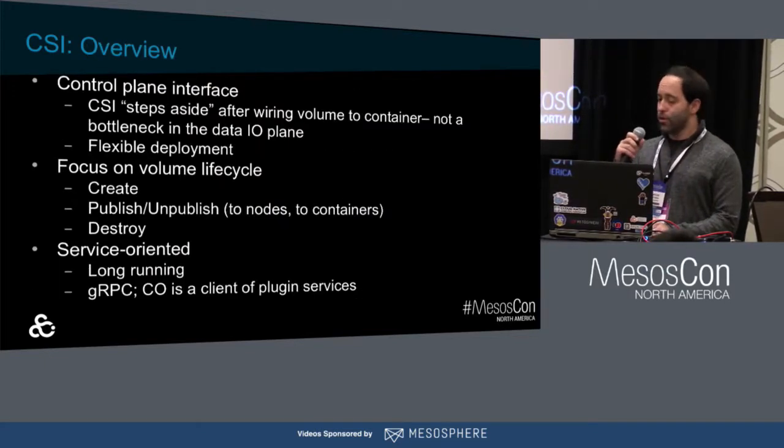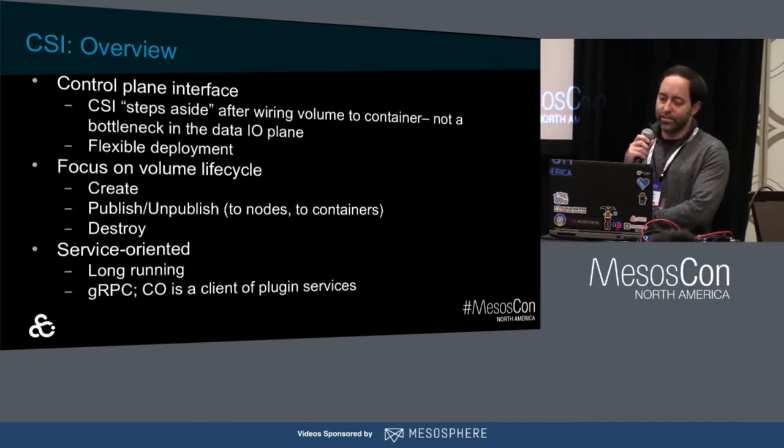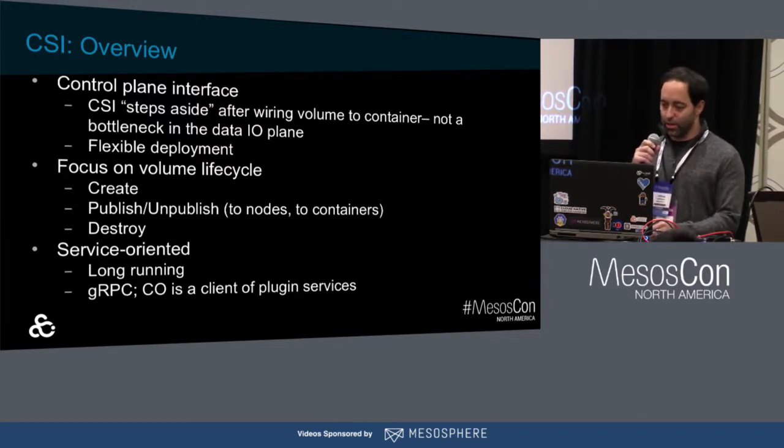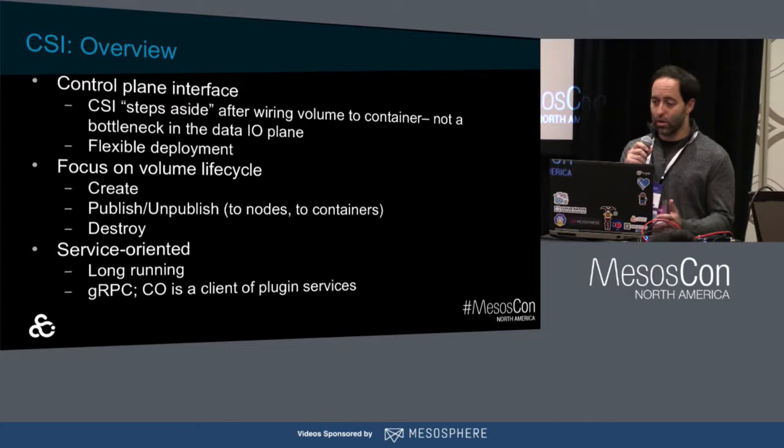Great. So from a high level, CSI presents a control plane interface that's largely focused on volume lifecycle. This interface is service-oriented versus command line interface. This allows plugin services to easily co-locate with other required long-running services, the Fuse daemons or Gluster or NFS services.